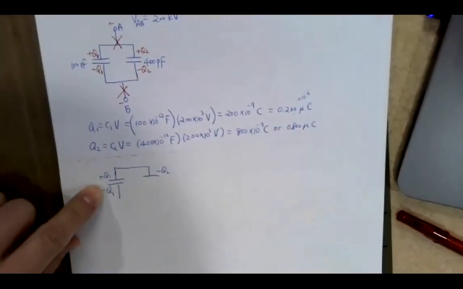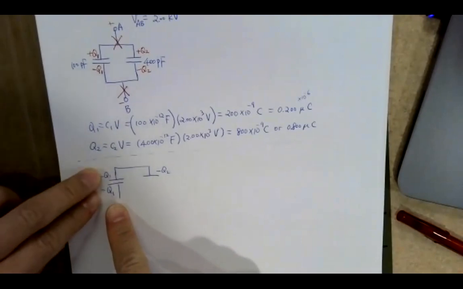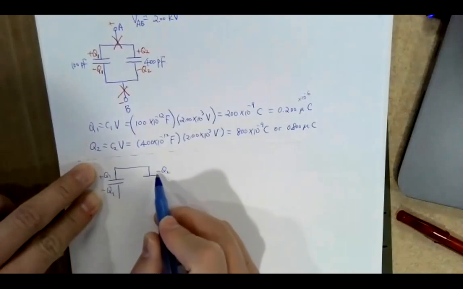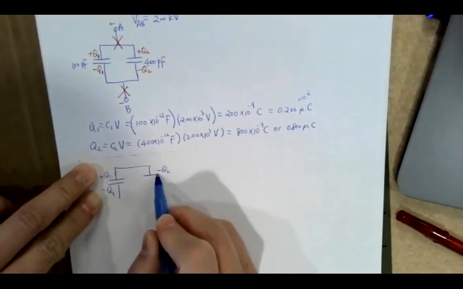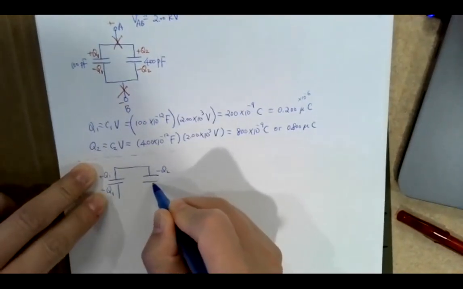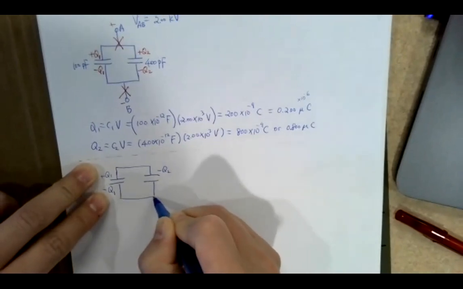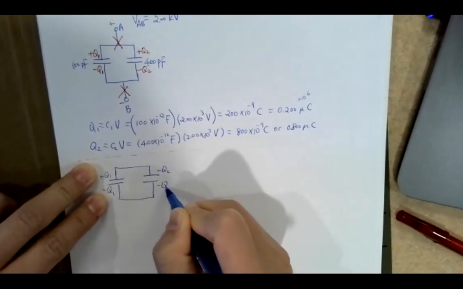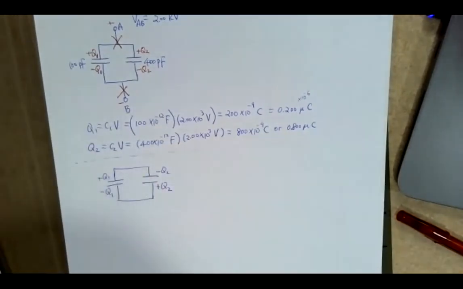So basically, let's keep capacitor 1, and then we flip capacitor 2, right? So then Q1 positive plate to negative plate, and then negative plate to positive plate. Okay, so this is what happens after you reconnect them.